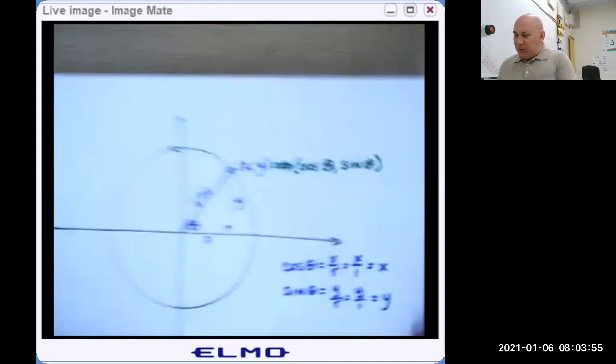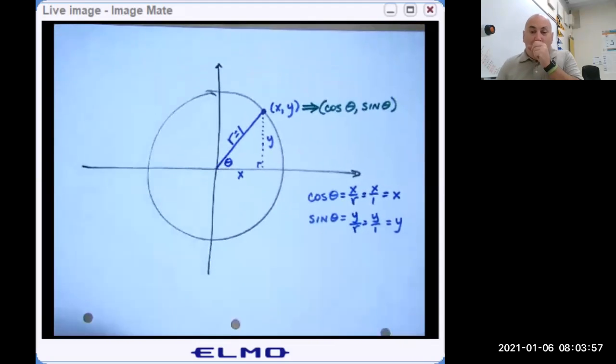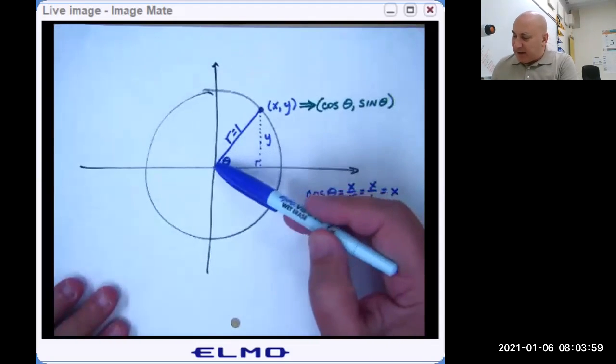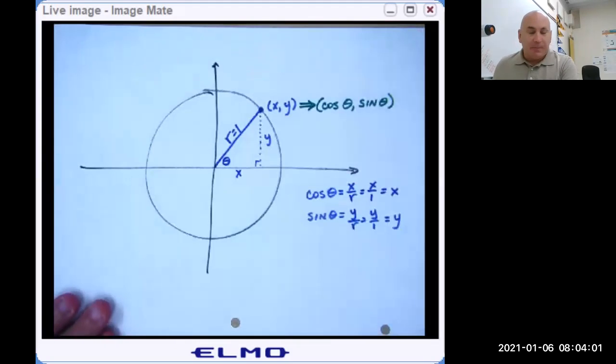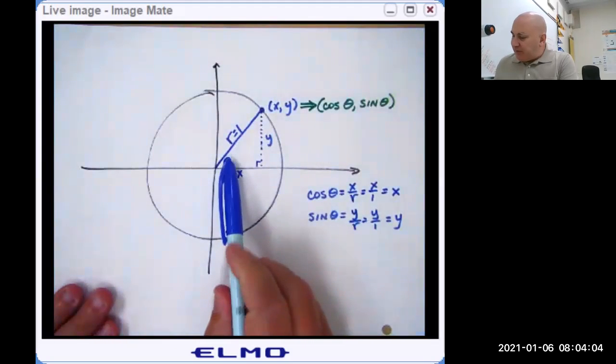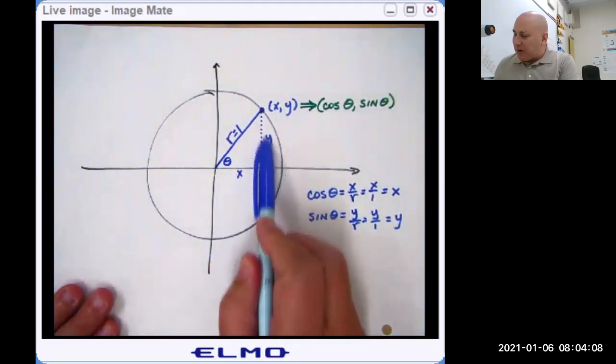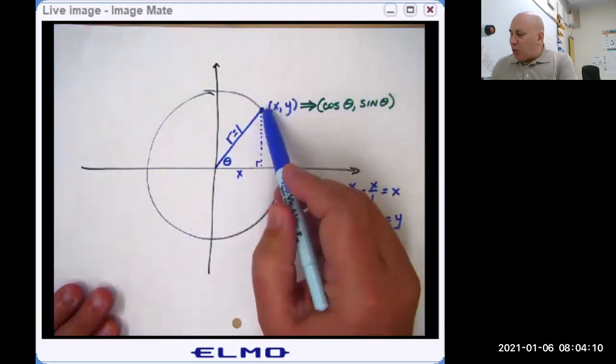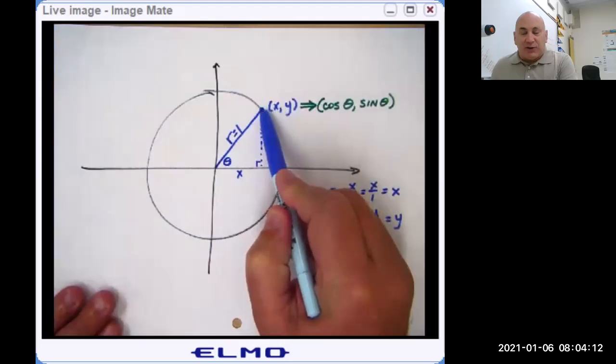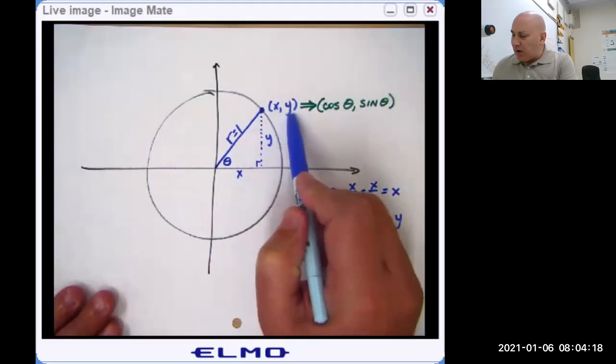Now the unit circle is called that because it has a radius of 1 unit. So wherever my angle theta is, I have my x value and my y value, the coordinates of the point on the unit circle are x, y.